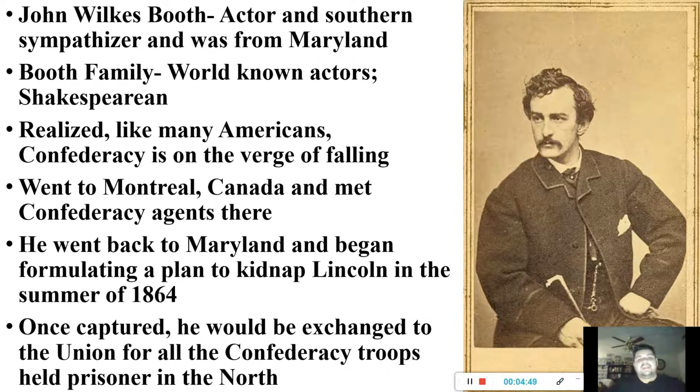His hope is that those who are ready to fight would start fighting again, and those who are wounded or on the brink of starvation would heal up, get better, and go back to fighting, so that the war will go on and the South has another chance to win. That's Booth's goal.